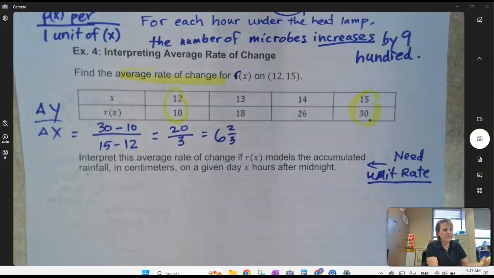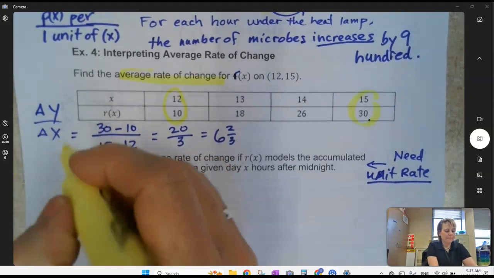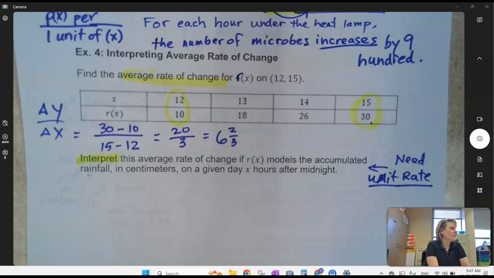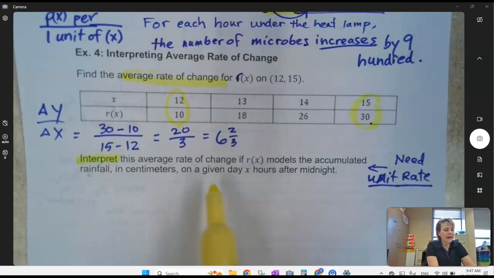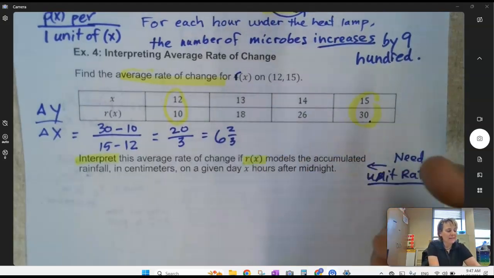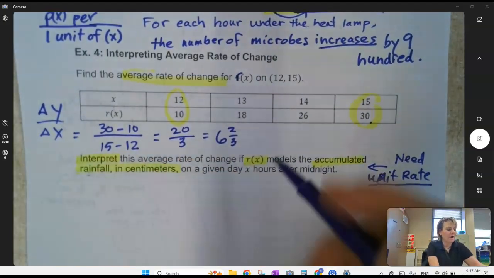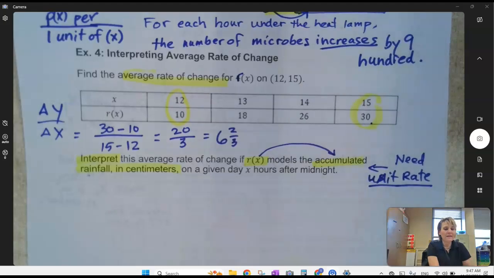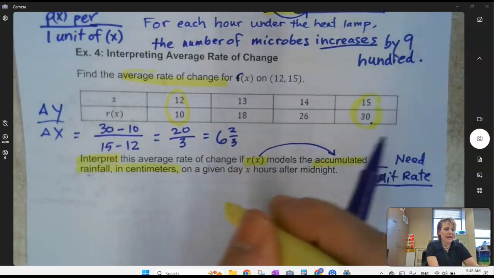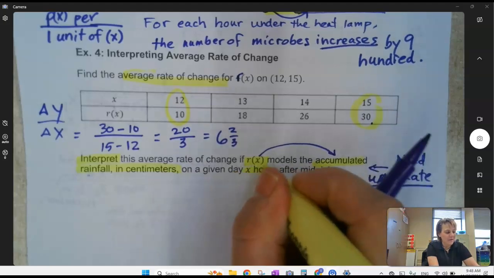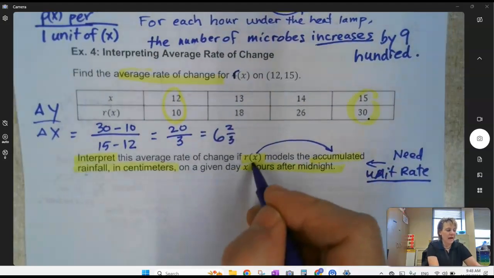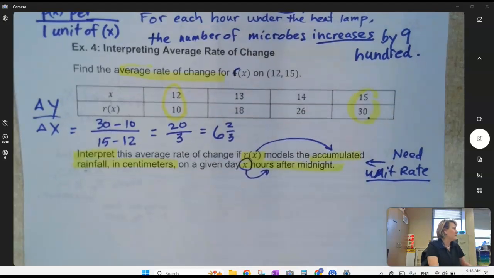It says interpret the average rate of change if r of x models accumulated rainfall in centimeters. So r of x is the rainfall in centimeters on a given day, x hours after midnight. That x is the hours after midnight.